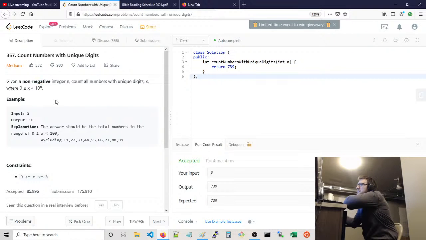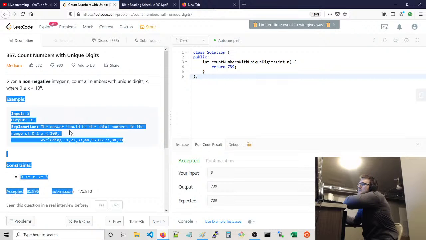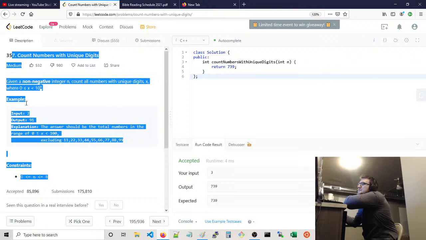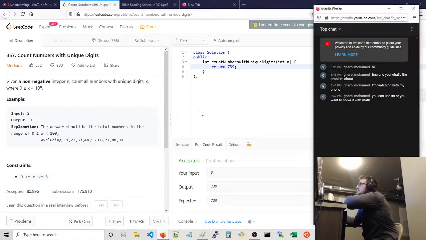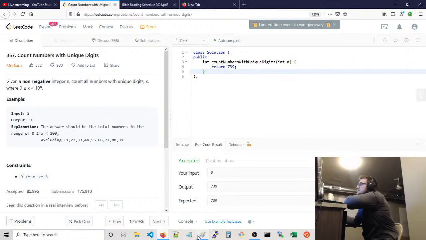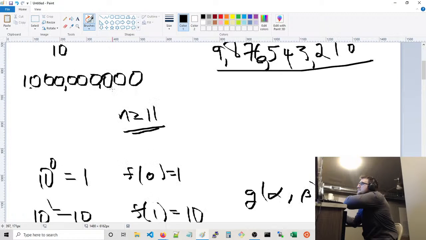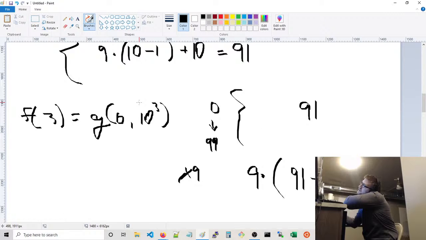If you have 10 to the 8th, 100 million numbers you have to go through. You could maybe do a dynamic programming solution, possibly. I'm not really sure. You probably could, but I think it's better to use a maths solution. So I'll think about that for a bit.